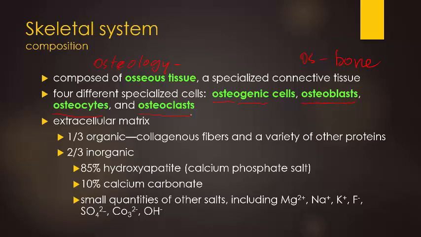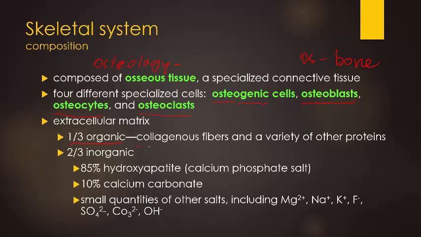The extracellular matrix is a little different in bone than it is in most of the other connective tissues. There's very little ground substance in the extracellular matrix. It's not much fluid at all. Instead, it's mostly that bony matrix stuff. When you look at the bone matrix, about a third of it is organic compound.